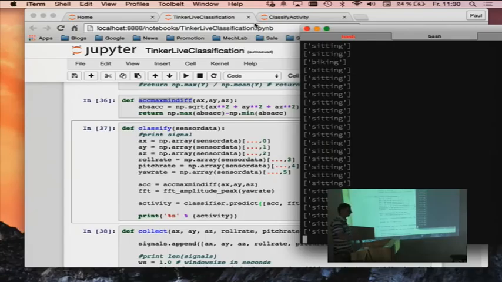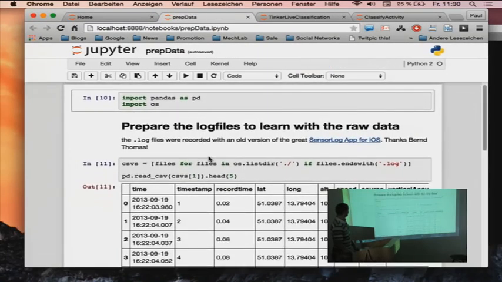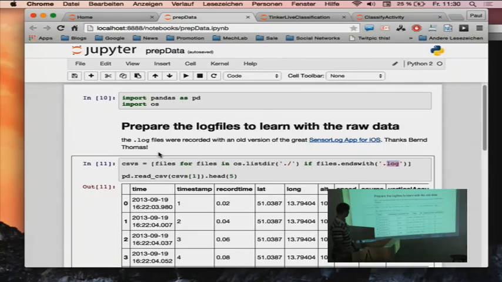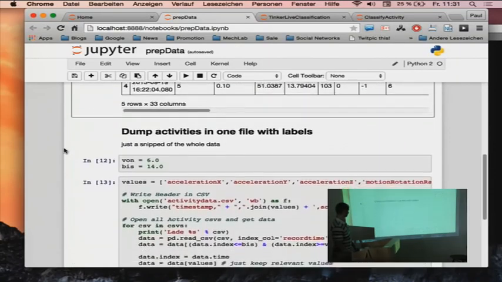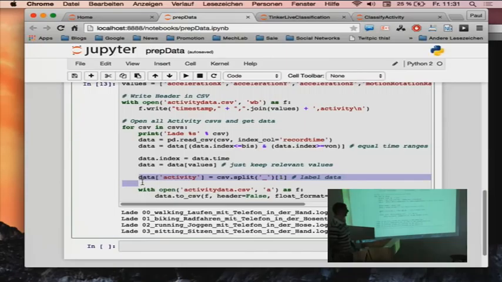I started logging, drove bike, stopped, saved the file named biking, then started logging, running, saved the file running. So the labels are, and you can see how I made the data. You have here in the data set the prep data IPython notebook, and there you can see the magic. I read all log files and got the name of the label for the activity from the file name.